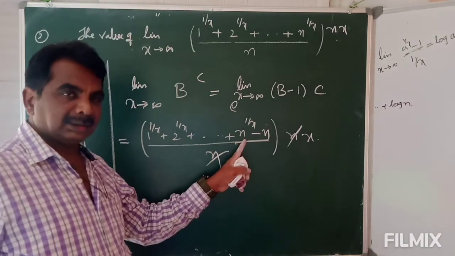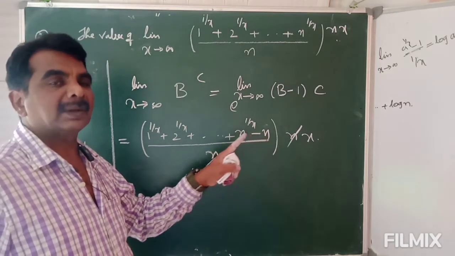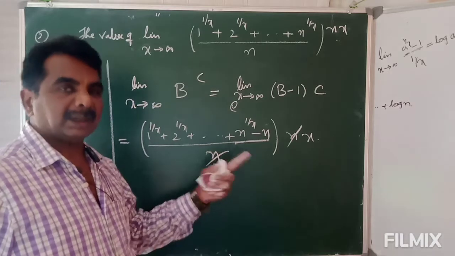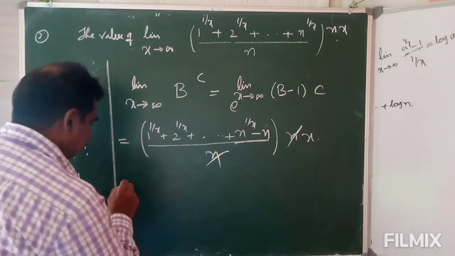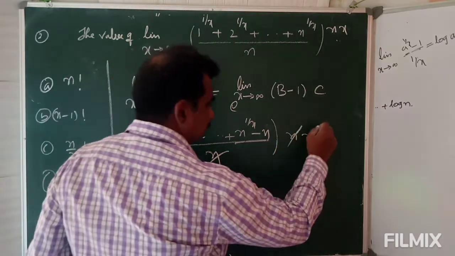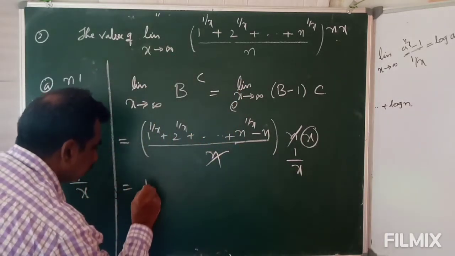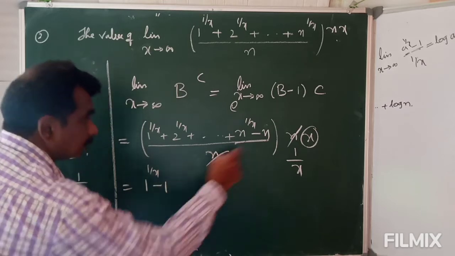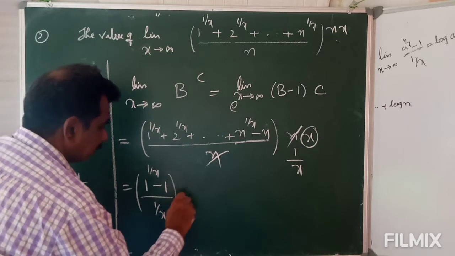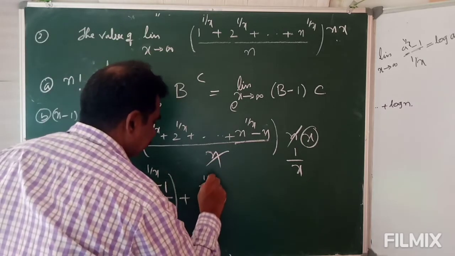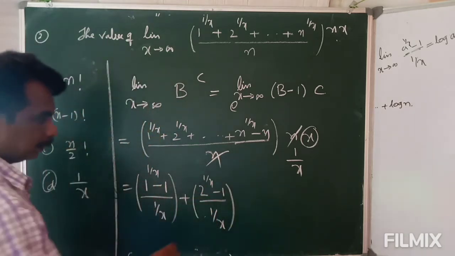Here how many minus n elements? That means minus 1, minus 1, minus 1, minus 1. How many times? n times. Understand? That's why I will write this x as 1 by x. 1 power 1 by x minus 1 divided by 1 by x, plus 2 power 1 by x minus 1 divided by 1 by x, up to so on.